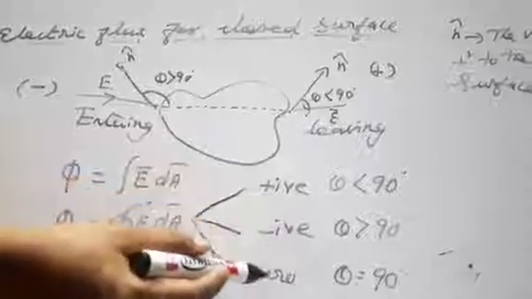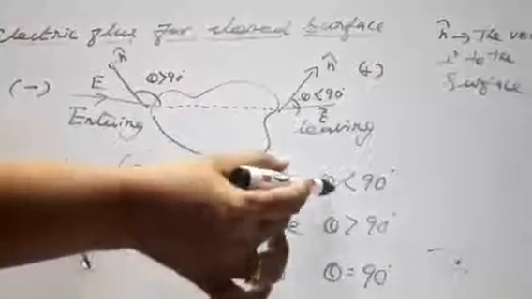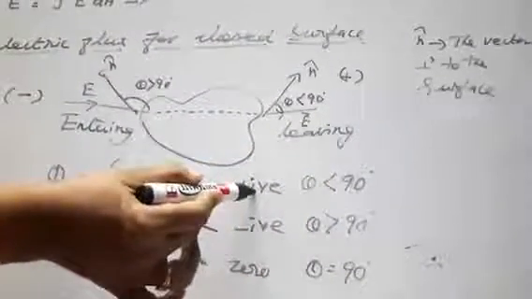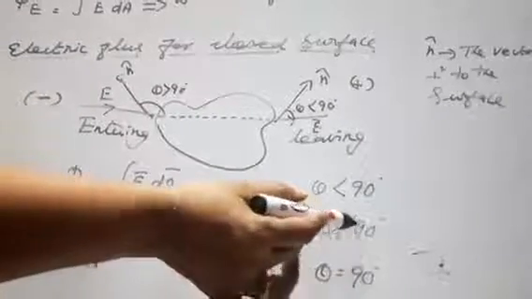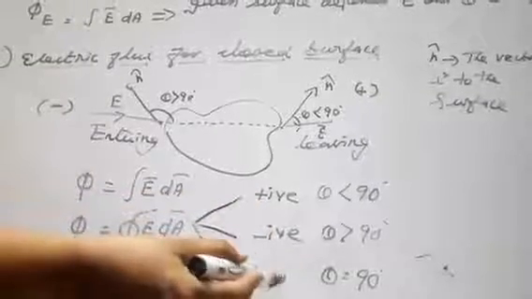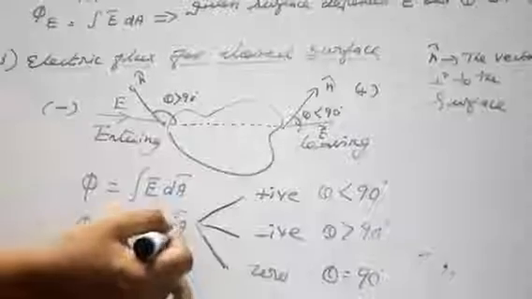When theta equals 90, the flux value is 0.